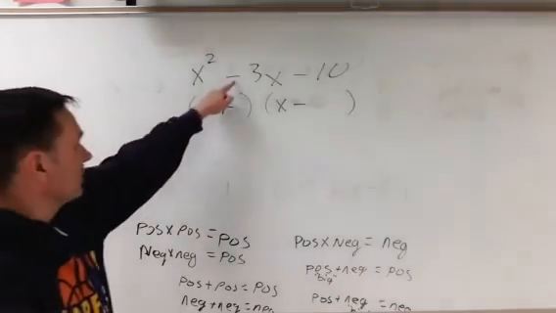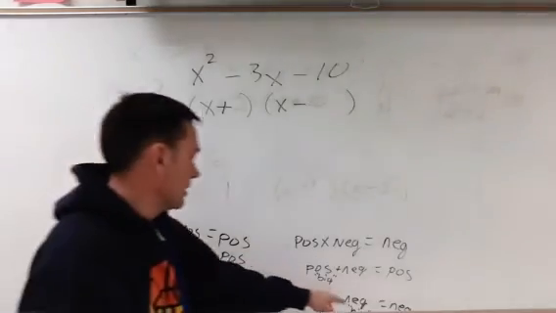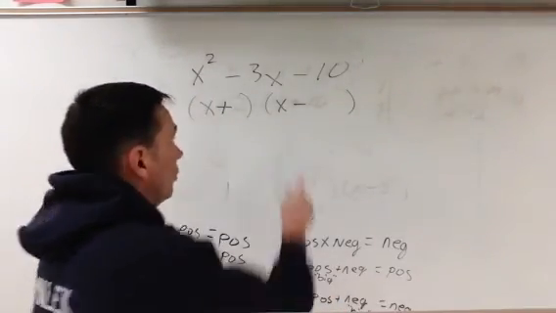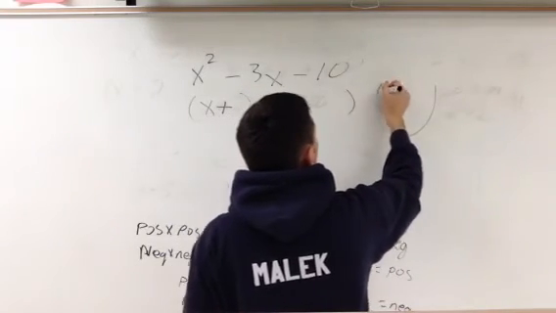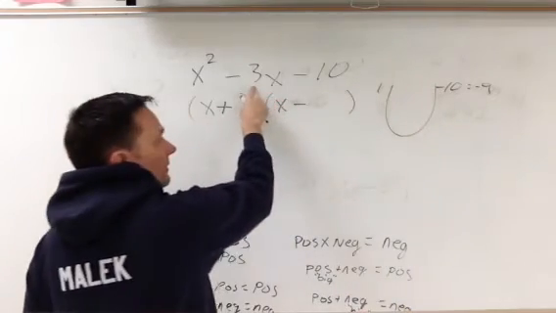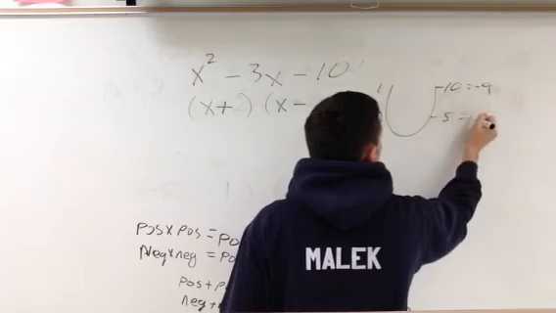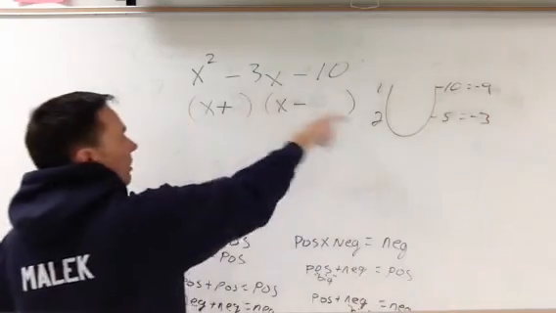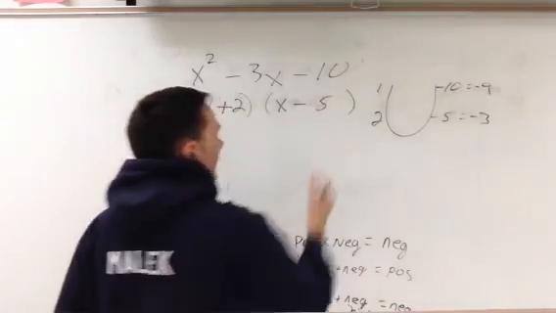Because my middle number is negative, the bigger number has to be negative when I'm doing my factors. So I'm going to start with 1 and negative 10. Well, that equals negative 9. That doesn't work. 2 and negative 5. There we go, negative 3. So it's going to be plus 2 and minus 5.